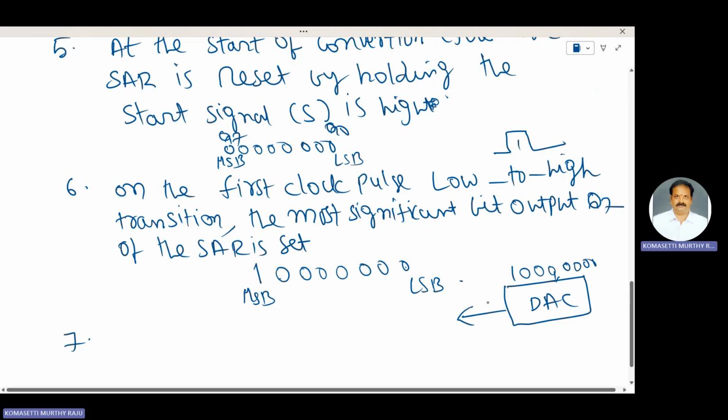The output of the digital to analog converter is the analog equivalent, that means converting this data into a decimal number.